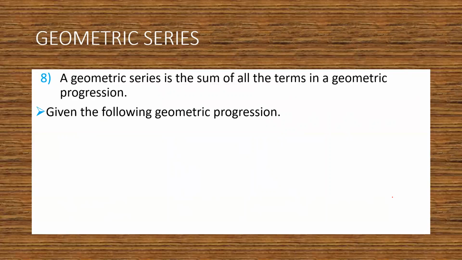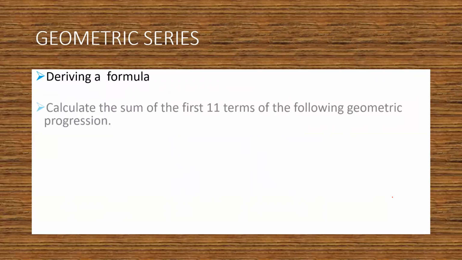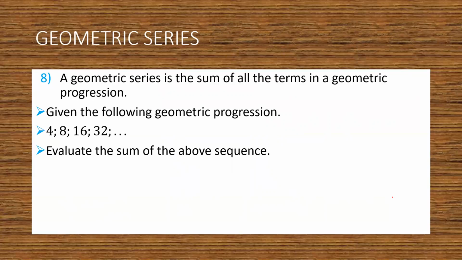Given the following geometric progression, where we have 4 plus 8 plus 16 plus 32, it will be written as, let me just write it quickly, the sum of the first 4 terms. And when you add them up, you will simply get 4 plus 8 plus 16 plus 32.